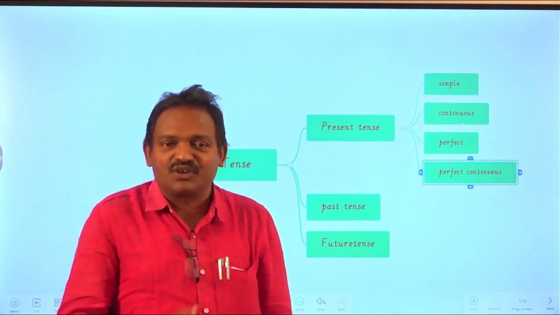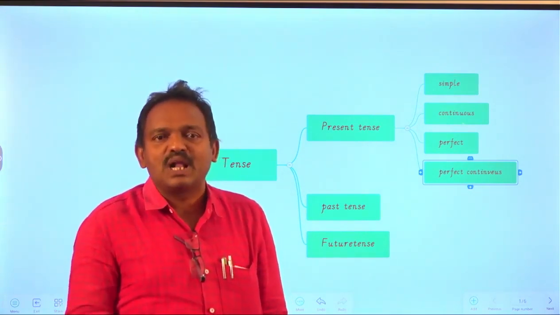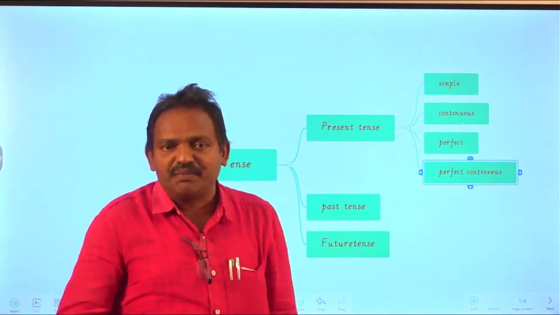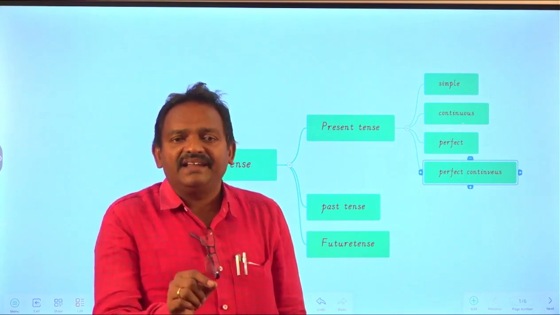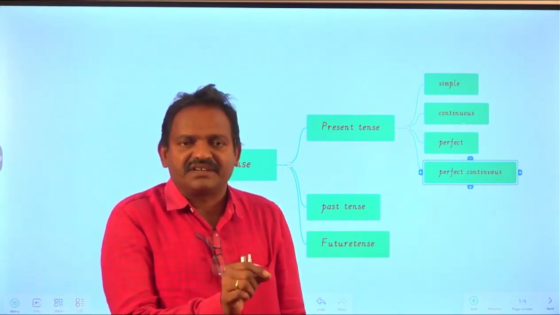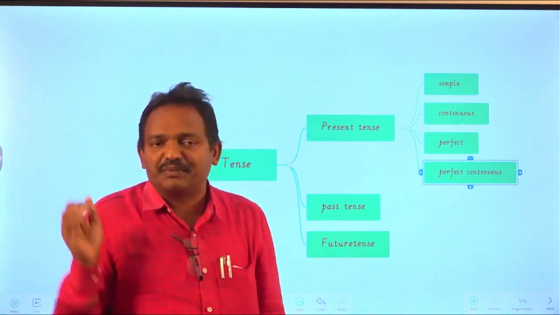But one thing you remember: if the subject is third person singular number, the verb takes S or ES. One example, "I read a novel." I is the subject, read is V1. That is simple present tense.